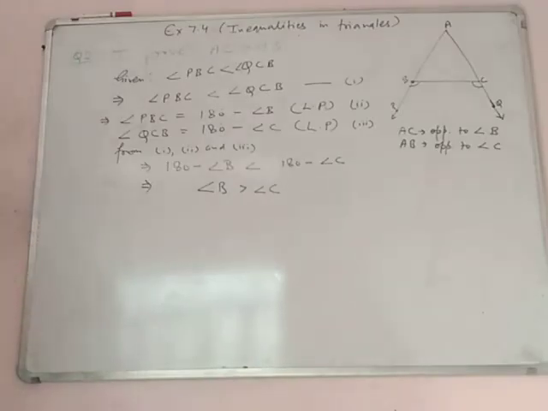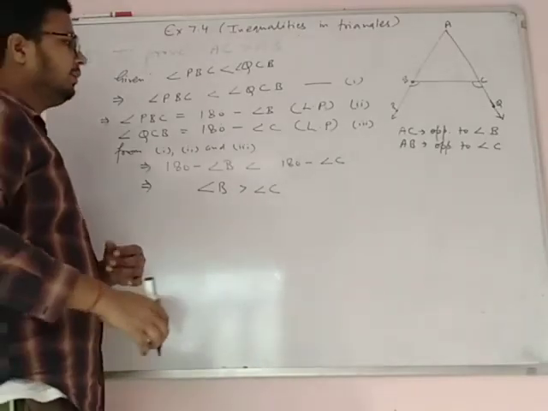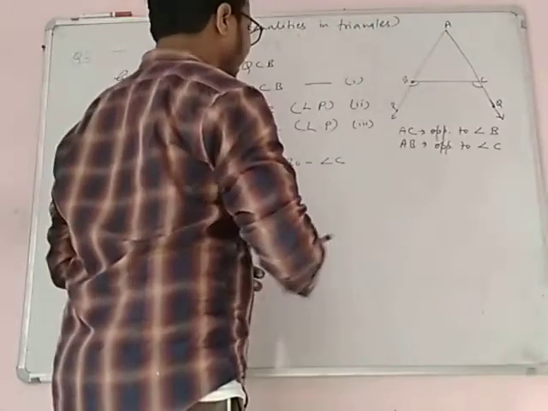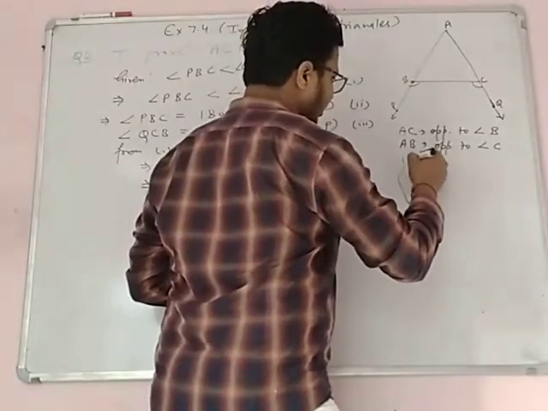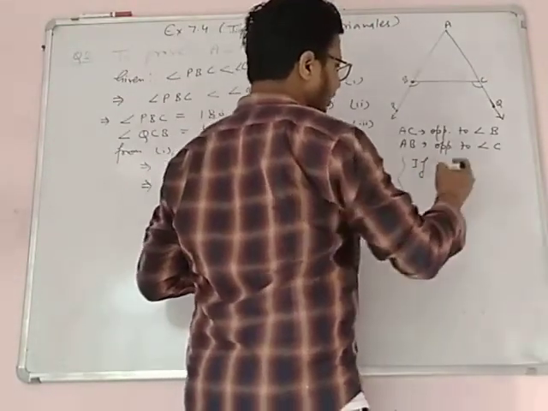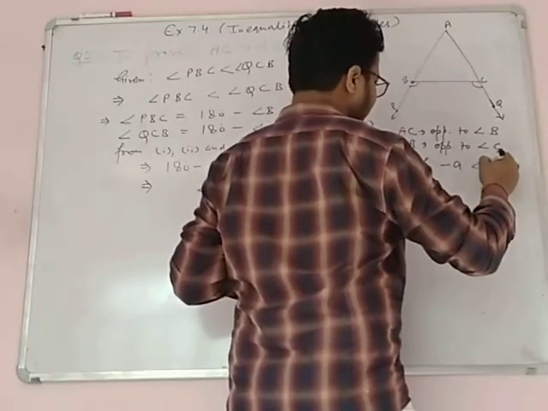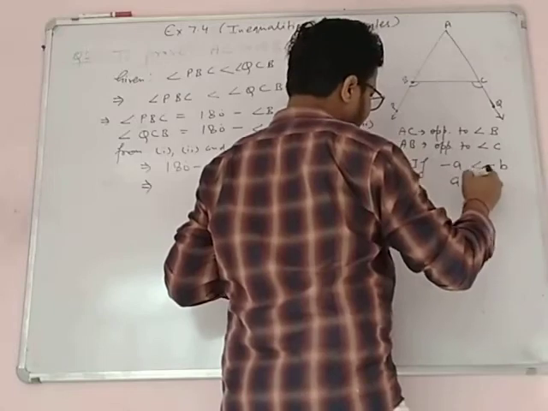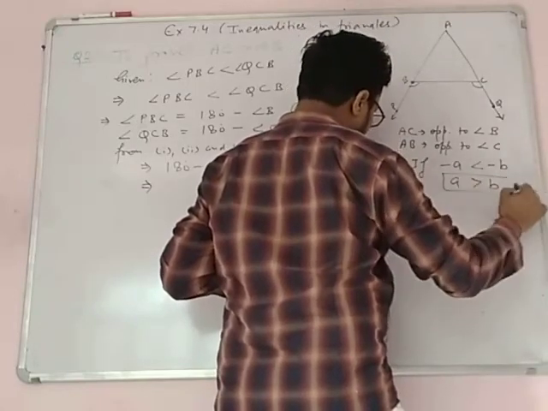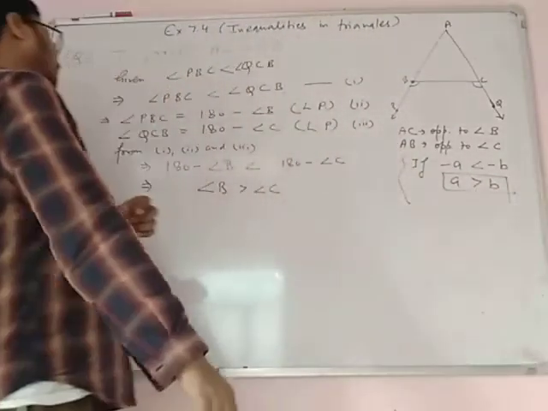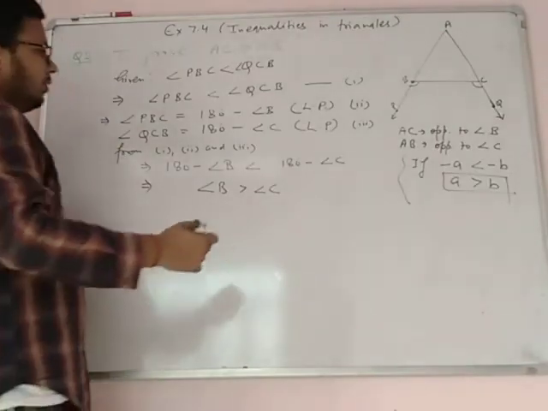Angle B is greater than angle C. Why? Because, listen about the reason. If minus A is less than minus B, in that case A should be greater than B. A किससे बड़ा होना चाहिए? B से बड़ा होना चाहिए.